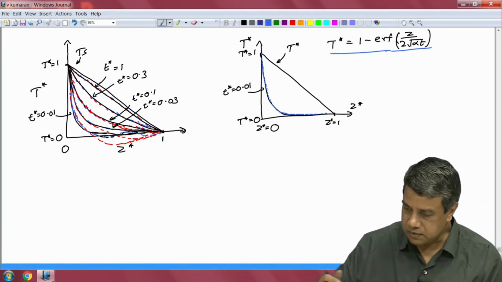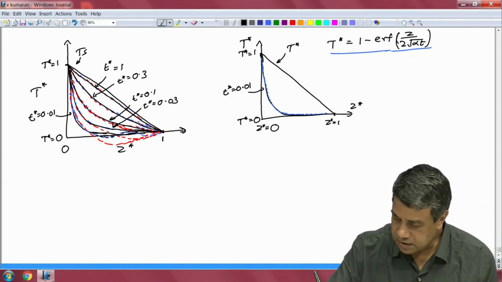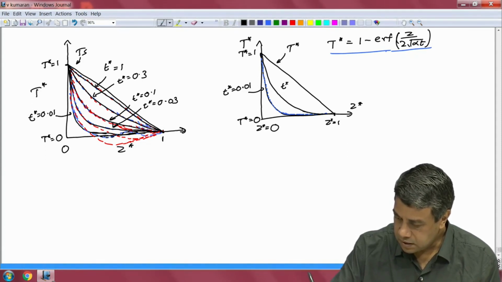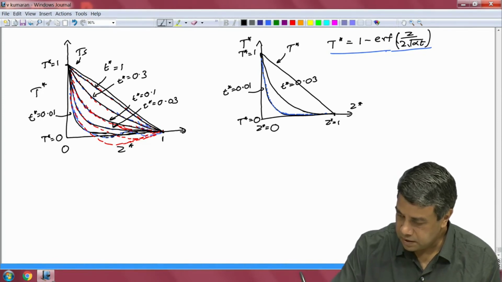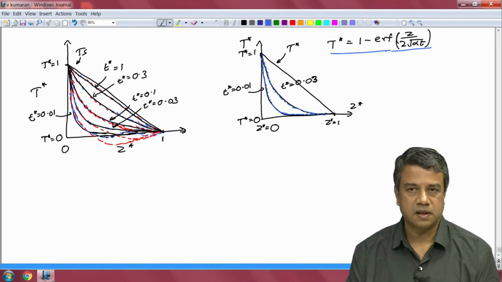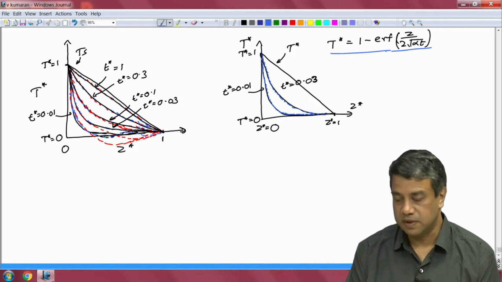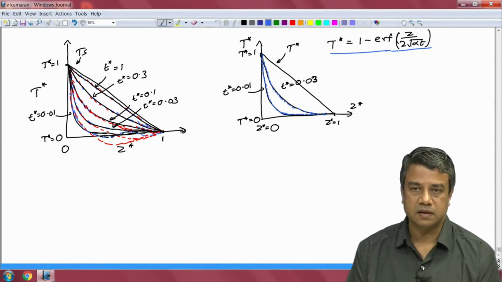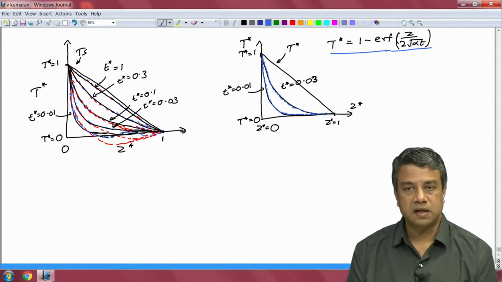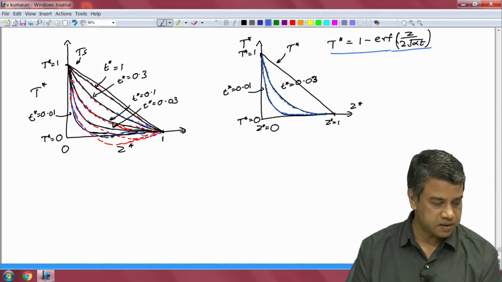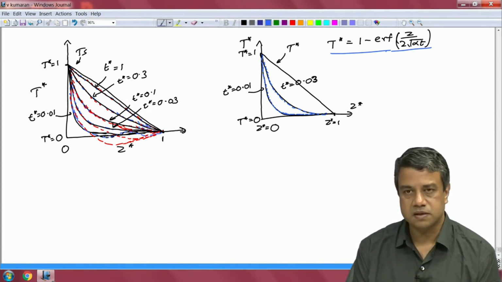So, for t star is equal to 0.01, and even in this case for t star is equal to 0.03, this solution for the temperature field into an infinite medium accurately captures the temperature profile that you actually see from the numerical solutions. Of course, when t star becomes 0.1 and higher, then it starts to fail, because at that point the penetration depth becomes comparable to the channel height, and therefore this solution fails.